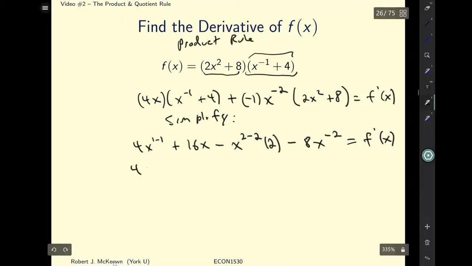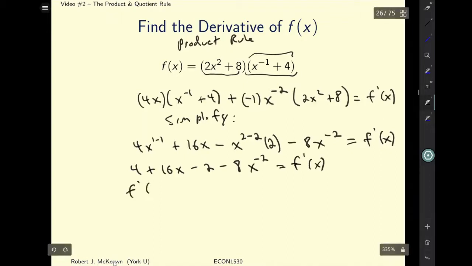Now I'll rewrite this. I've got 4x to the 0, oh sorry, that's of course just 4, plus 16x, minus 2, minus 8x to the power of negative 2, f prime x.